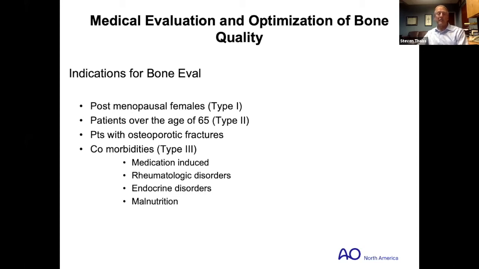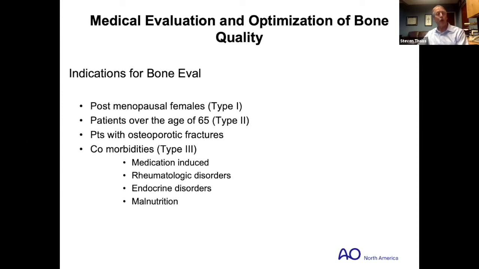And certainly patients that have osteoporotic fractures fall into that as well. Then type 3 osteoporosis is osteoporosis that's due to various comorbidities, and that falls under four main categories. One is medication induced. The typical ones are glucocorticoids, prolonged anticoagulation, and proton pump inhibitors, which are the main medications.